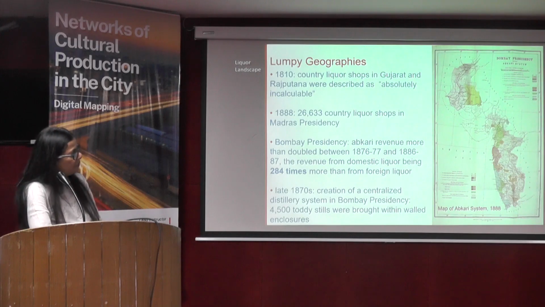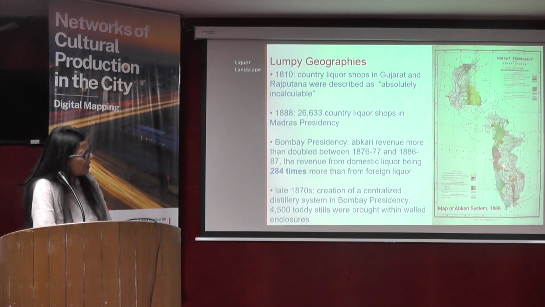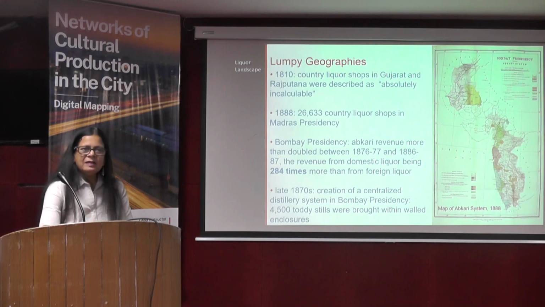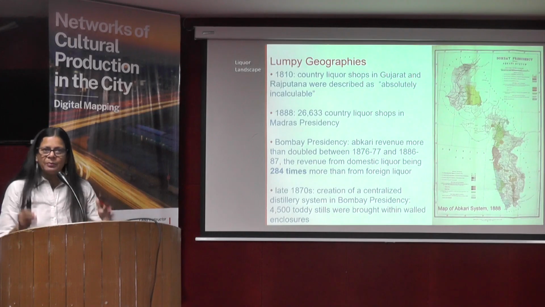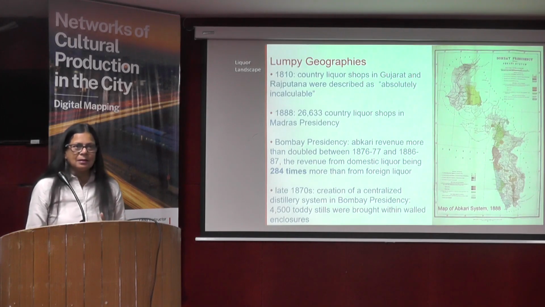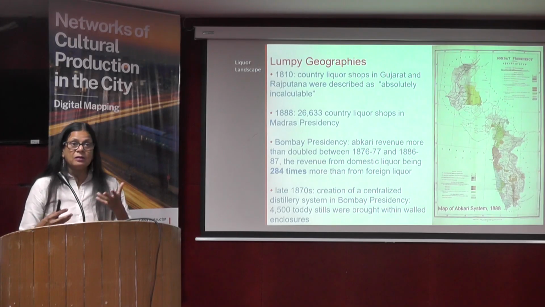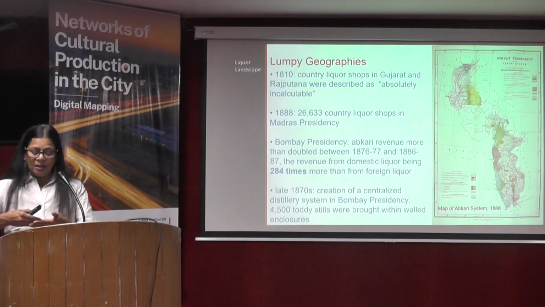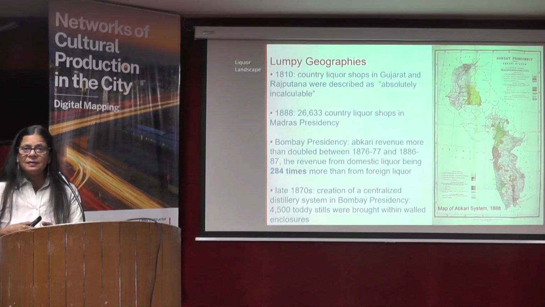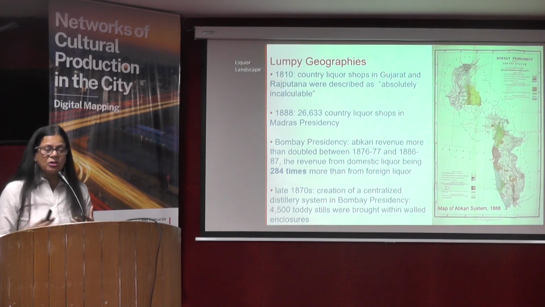Let me point out a few things here. All of these little different patches, and they are indexed here, means that there are so many different systems at work in one presidency that it was very confounding to the authorities, because they are all different systems in terms of stillhead duties, in terms of production.